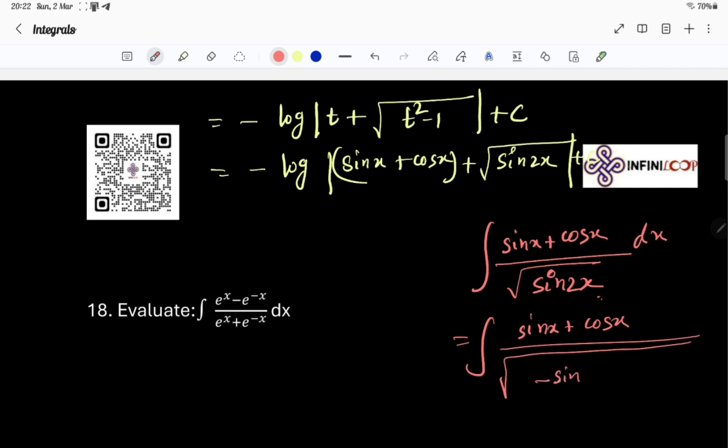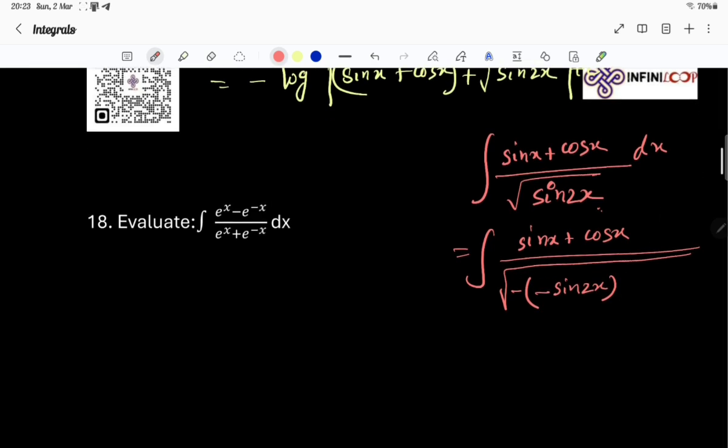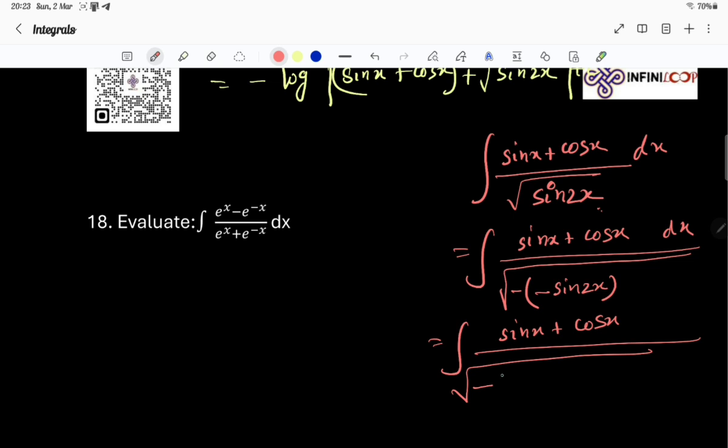At first you will multiply minus here. Minus minus plus only. So in that case you will get like this. See, sin x plus cos x divided by root over, minus is outside, second bracket, minus sin 2x as it is, right? Add 1 minus sin 2x and minus 1.